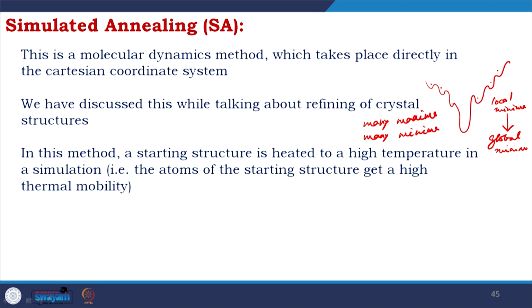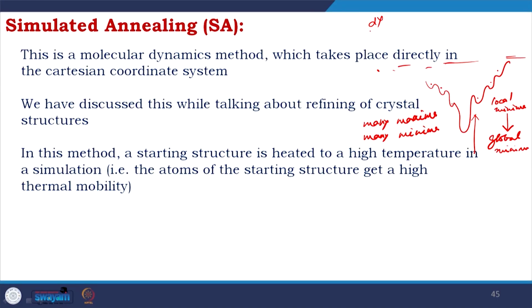So, you are stuck here. Now, to get rid of that, what will you do? You will provide heat. So, it would go above a threshold level and then you allow cooling, so that it would come and stabilize.